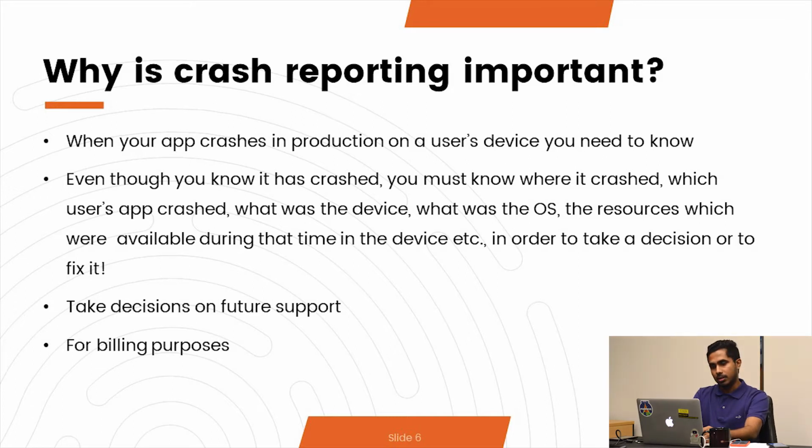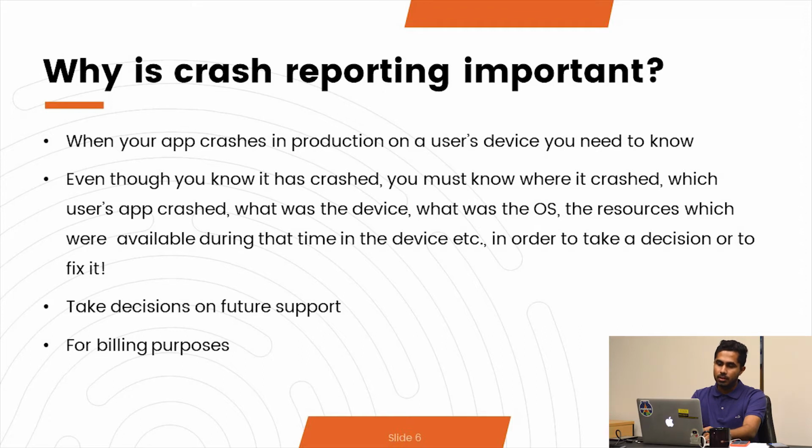Because when your app crashes in production, you're basically losing your users. Even though you know it has crashed, you must know where it crashed, which users were affected, what the device and OS were, and also the resources available at the time the crash happened. All of that matters in order to make a decision or fix it.